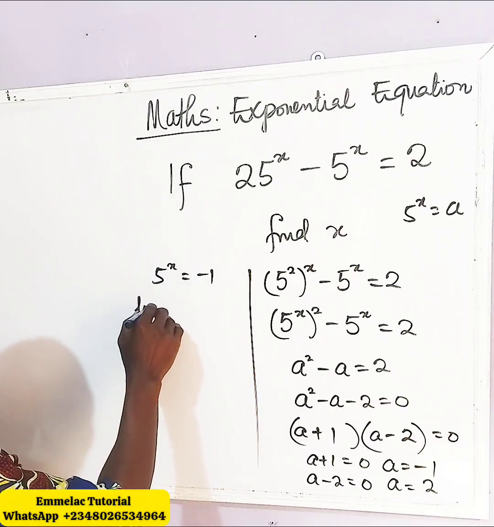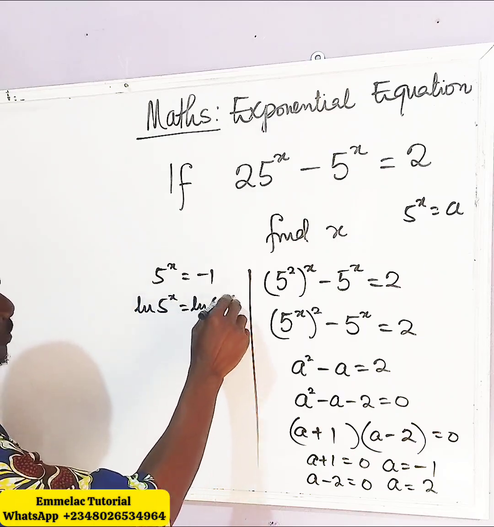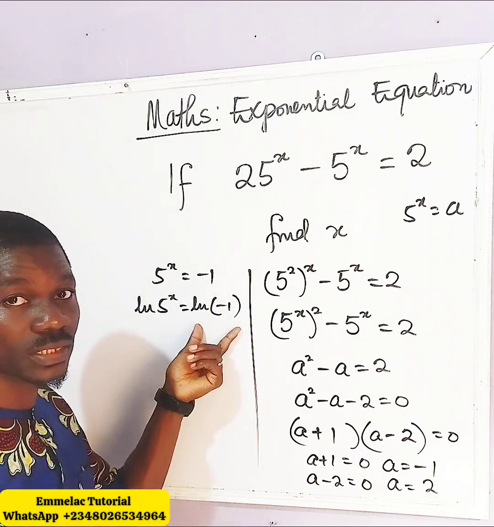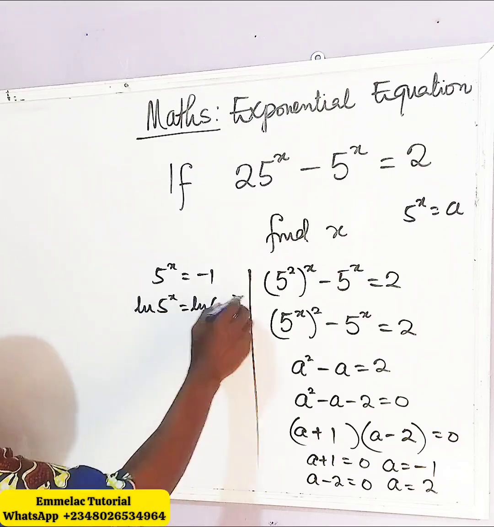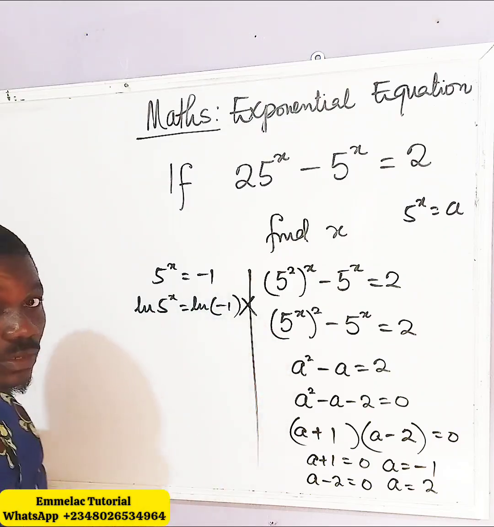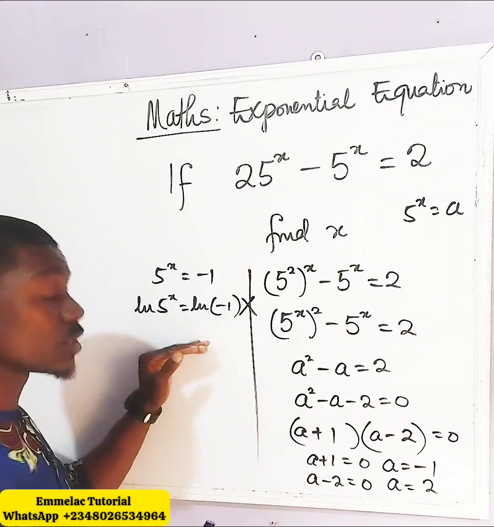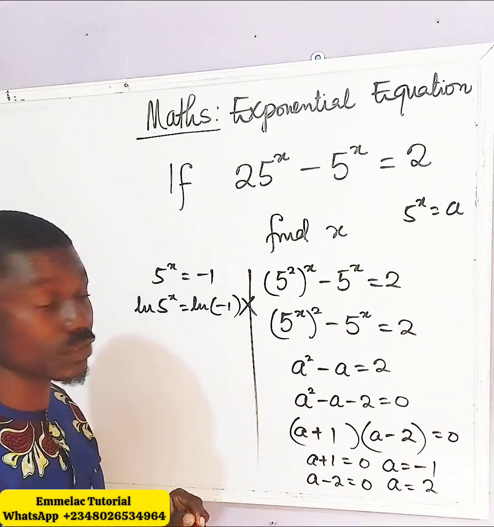Here we have ln 5 raised to the power of x equals ln negative 1. Okay, so this is not possible, so it means this particular one is wrong. It cannot be a solution. Actually, I knew that, but I just wanted to show every one of us why it's not a solution.